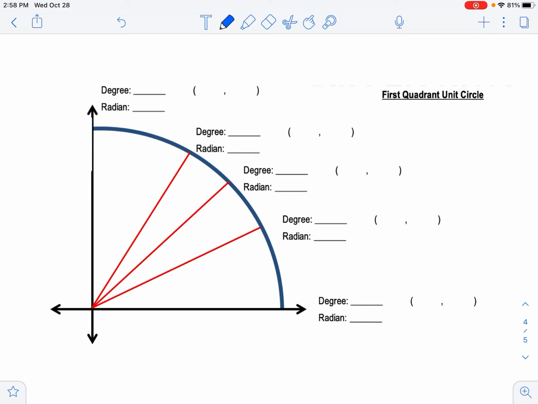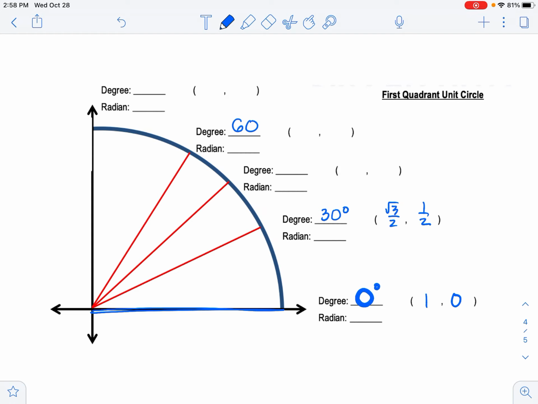Okay? So let's start with our degrees and then our ordered pairs. Once again, this is 0 degrees. Your positive x-axis is 0 degrees. That ordered pair was right 1, up 0. This angle right here, my first angle, is 30 degrees. And then the ordered pair was root 3 over 2, 1/2. I'm going to skip over the next one and move on to 60 degrees.